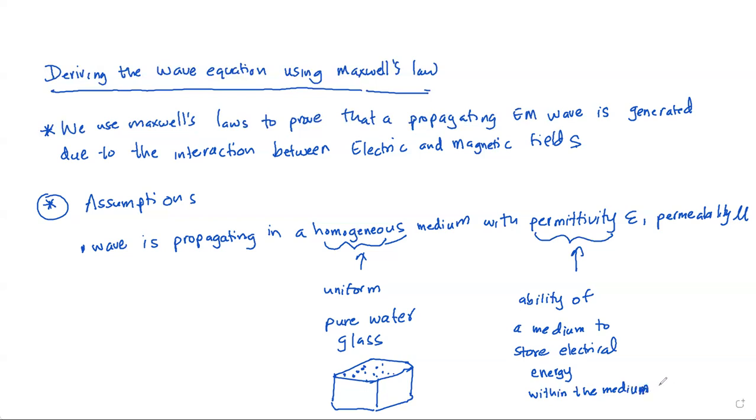Then what is the meaning of permeability? Permittivity is regarding electric fields, and permeability is regarding magnetic fields. Permeability is the ability of a medium to generate or form magnetic fields within the medium.